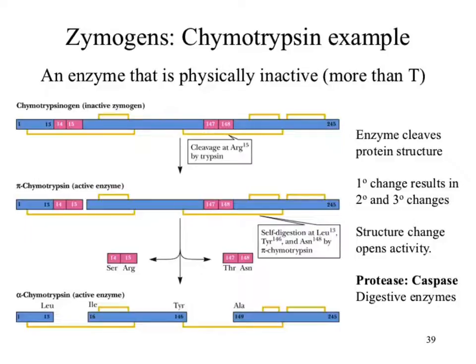That now changed the enzyme because it changed its structure. That structural change was enough to change it into a more active form, which was able to self-catalyze. It could go back and actually cut itself apart. By cutting itself apart, it then converts into the fully active form that can now go do anything else or do those same properties on something else.